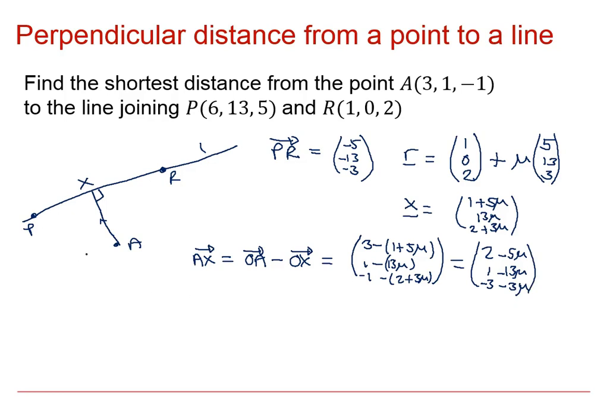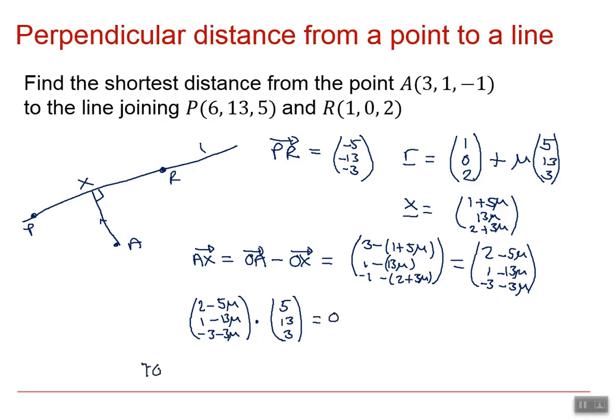Okay, now because these two are perpendicular to each other, if we do the dot product of this and the direction vector of the line, we expect to get the answer 0. So we're going to do (2 - 5mu, 1 - 13mu, -3 - 3mu) dotted with (5, 13, 3), and that should equal 0.